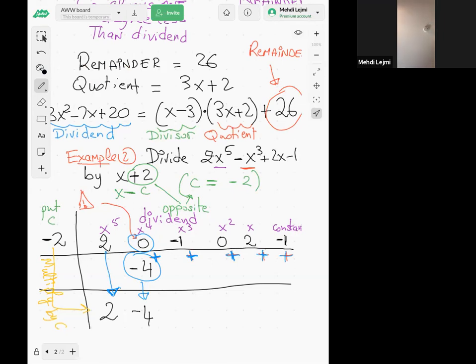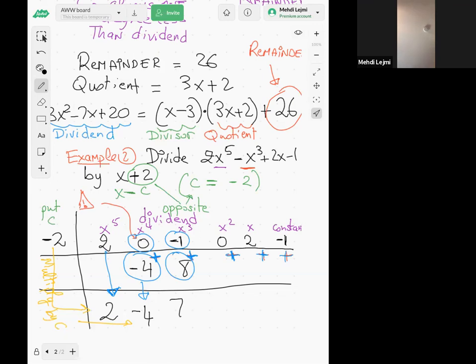Well, I'm gonna multiply again by my c. Remember, we have to multiply the last row by c. So it's -2 times -4, that's +8. So next column, I'm gonna put +8. And then I'm gonna add. So this -1 to the +8, that will be +7. So here, this will be +7.